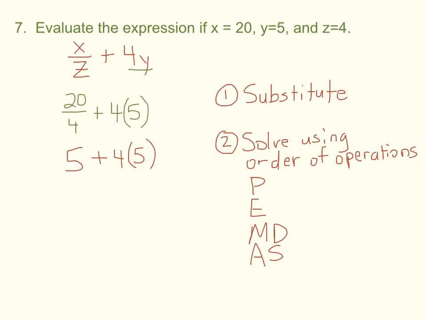The next thing that I would do is this multiplication, because that would be next in the order of operations. So 4 times 5 is 20. Now the only thing left in this problem is addition, so I'm going to do that last. So this expression is equal to 25.